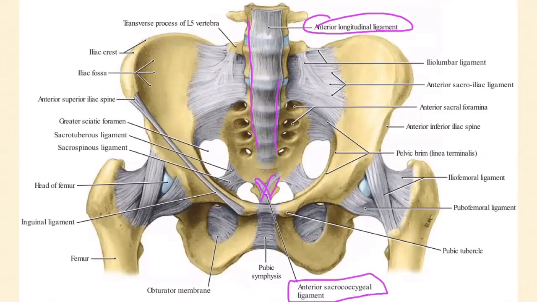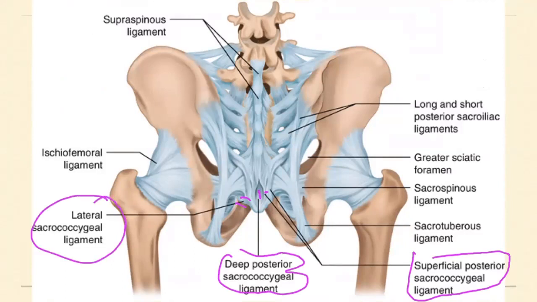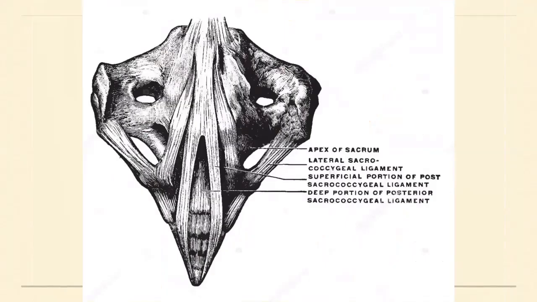And here are the posterior sacrococcygeal ligament, superior, posterior, right? These are the superior, and this one is the deep posterior sacrococcygeal ligament, and this one is the lateral sacrococcygeal ligament, right? You see, again, this is the zoomed picture.